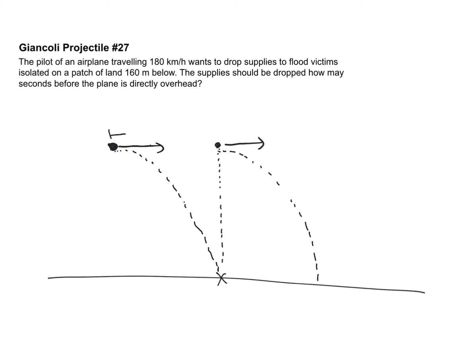From here to here, it's a certain distance. We can find out the distance, but we also want to know how many seconds before the airplane actually gets there that they have to drop the packages. So that's the gist of the question.